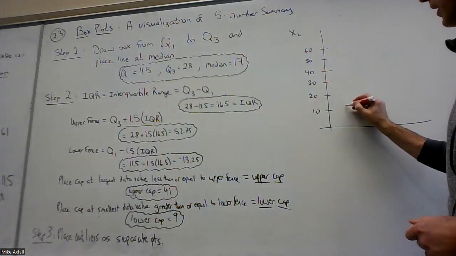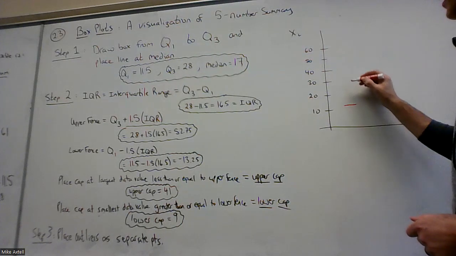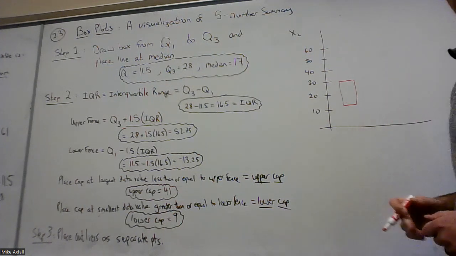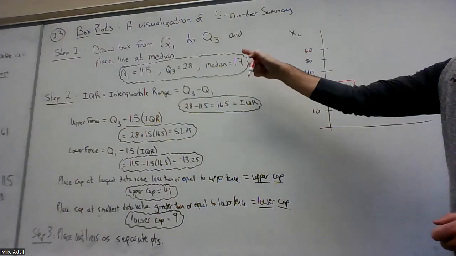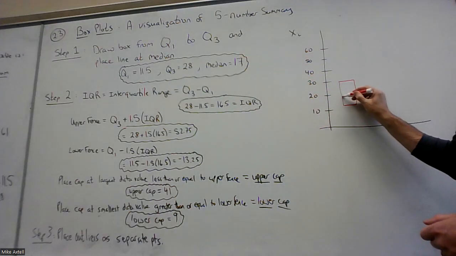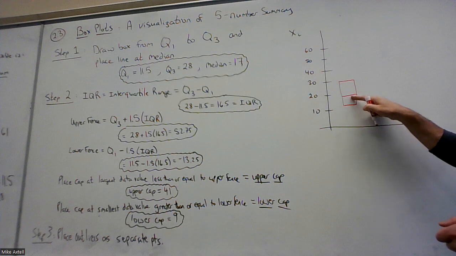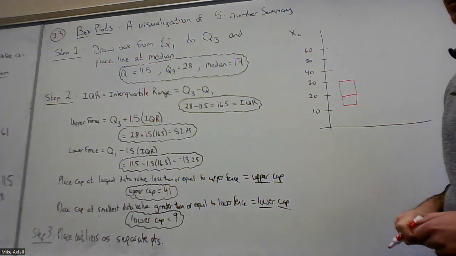So I'm going to place a box from about 11.5 up to 28. Make a nice little rectangle there, right? And then I'm going to place a line at the median of 17. So there's Q1, there's the median, there's Q3, okay?